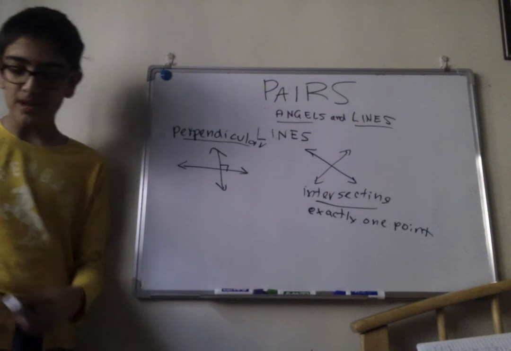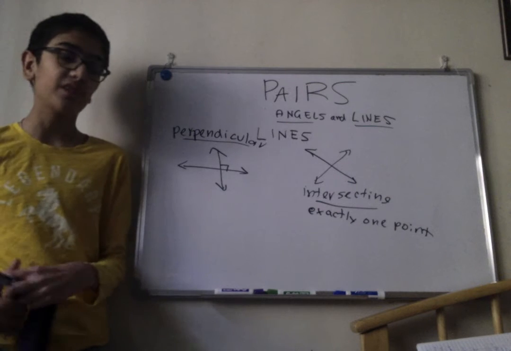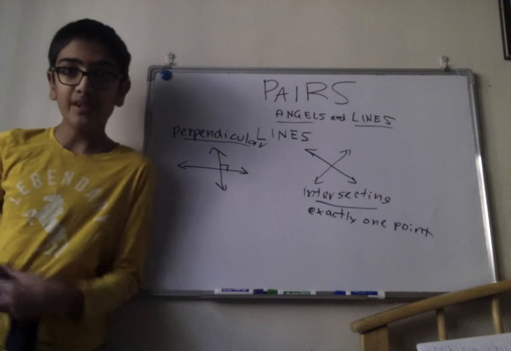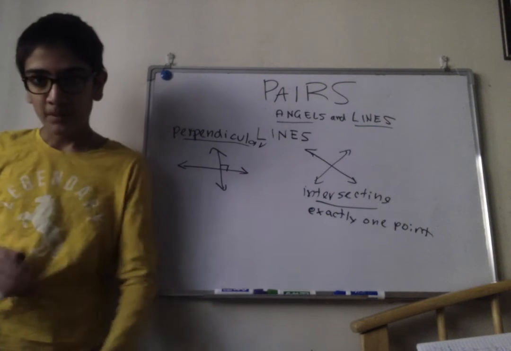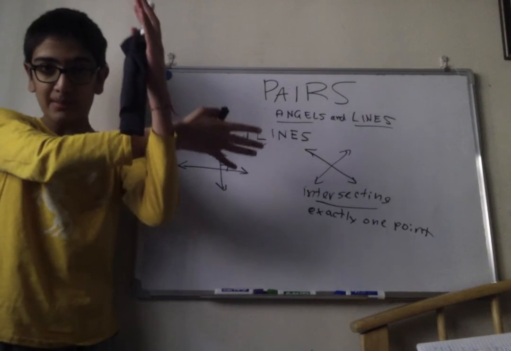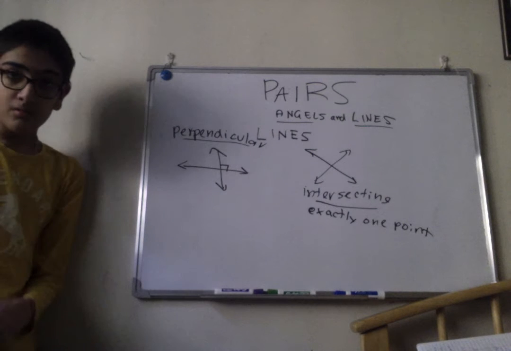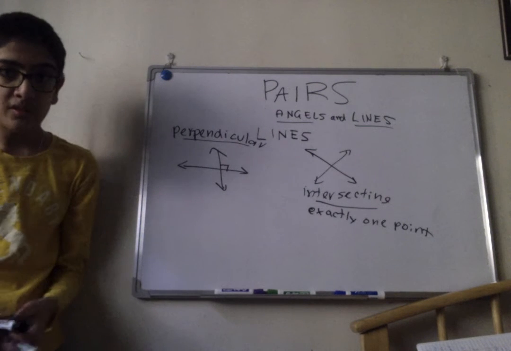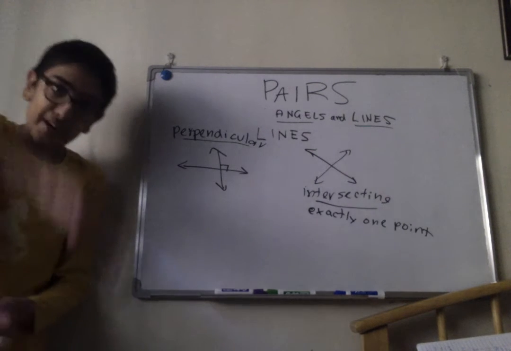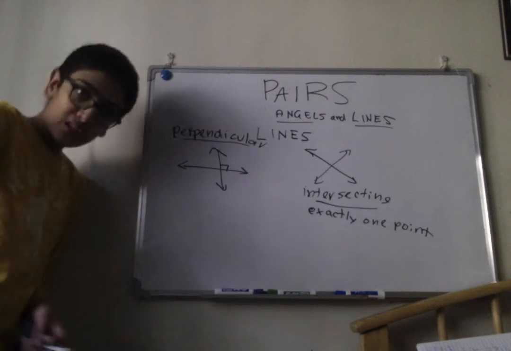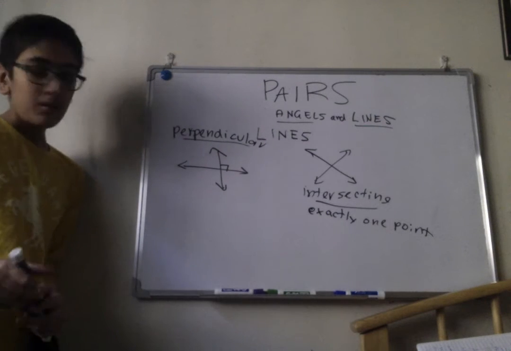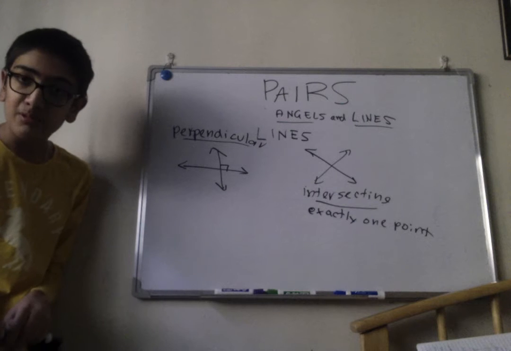One example of perpendicular lines is the graph. The graph has all perpendicular lines. My hand is trying to resemble a perpendicular line, but it's not doing that well. So, if you've ever looked at a graph before, you notice they're all perpendicular. They're all lines that never touch and lines that are perpendicular. So parallel and perpendicular lines are very important in the coordinate plane.